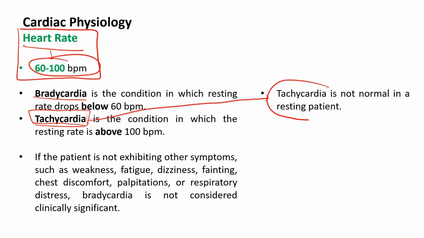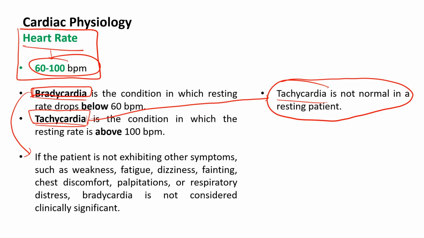So somebody with a heart rate above 100 at rest is always abnormal. Now, bradycardia can be abnormal or can be normal. Remember when I told you that some athletes will have bigger hearts? They're so efficient, so strong, that they don't need to contract that much or that fast to perfuse your organs, and they might have heart rates below 60, and that doesn't mean that they're sick.